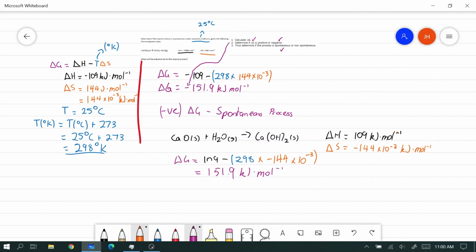So really, your answers at the end should be negative 152 kilojoules per mole, or 152 kilojoules per mole here. And what we'll notice is that for this equation, we have a positive delta G, which means that this is a non-spontaneous process.